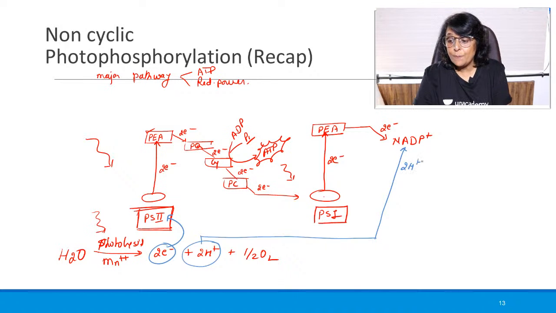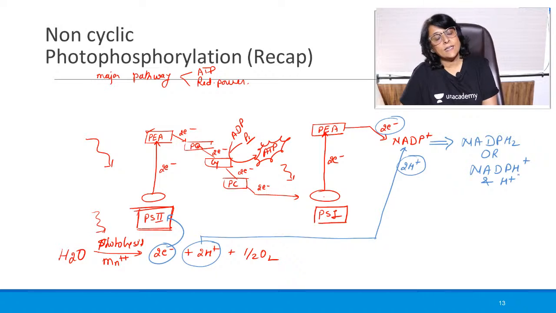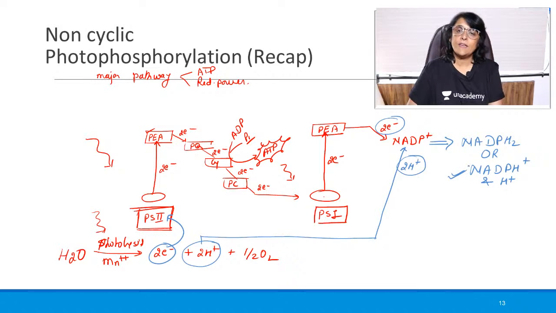So NADP has received 2 electrons and 2 protons, and now it changes into NADPH2, which is also written as NADPH plus and H plus. Either way it is correct, but exactly it is like this, but we can write it as NADPH2.